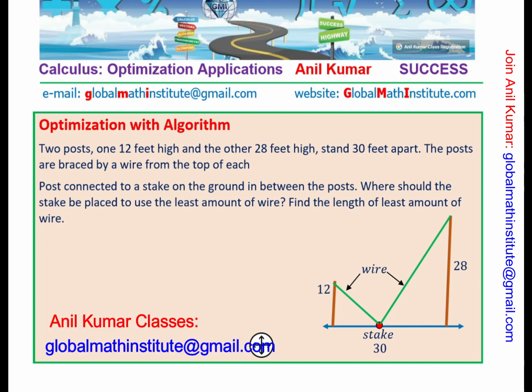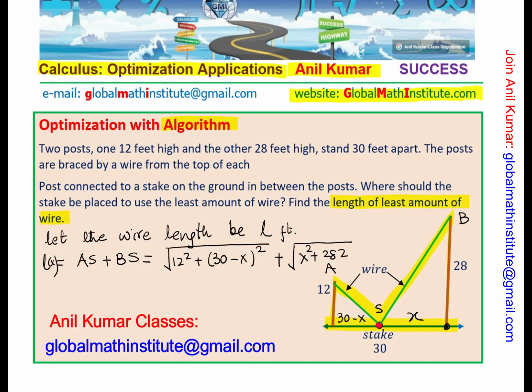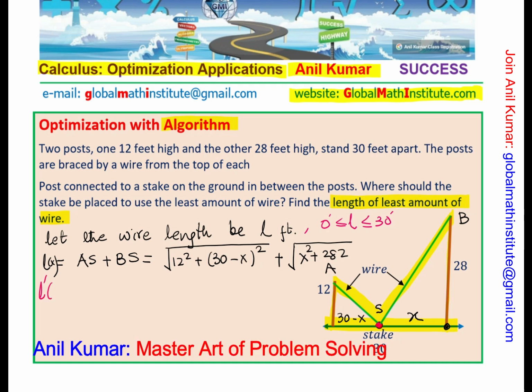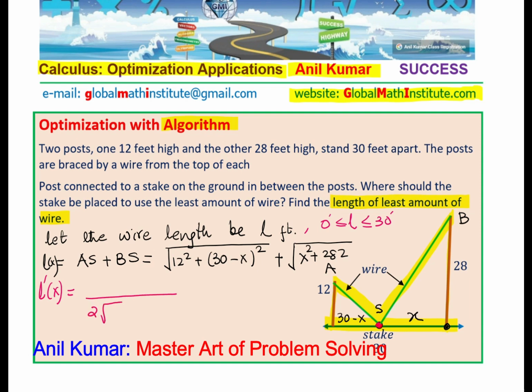In this particular case, we also know that x is from 0 to 30 feet, right? So we'll use the absolute value approach since we are working on a closed interval. Let's find the derivative of the function, which is the length of the wire in terms of x. The first part will be 1 over 2 square root of everything, correct?